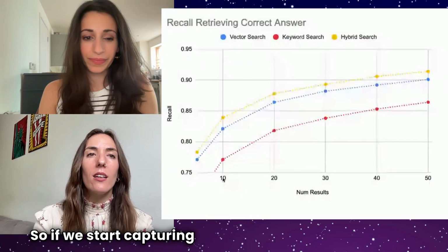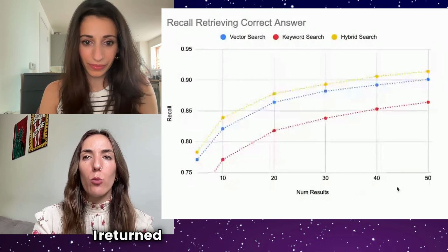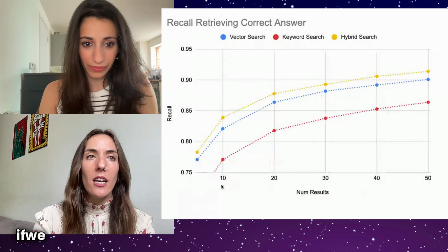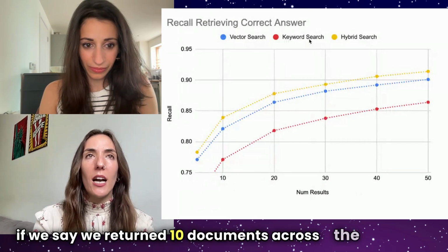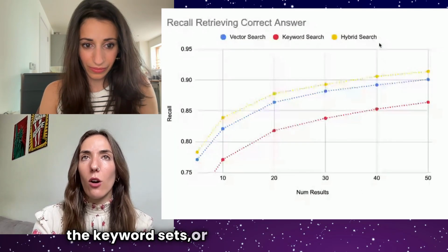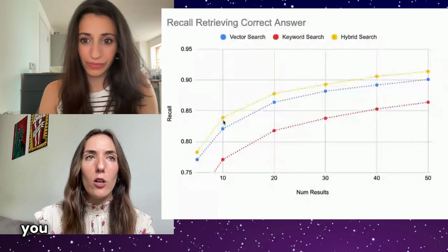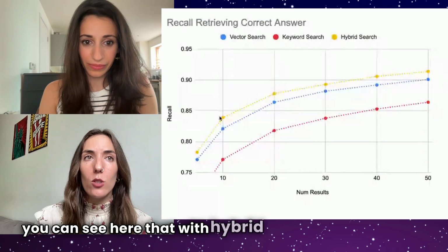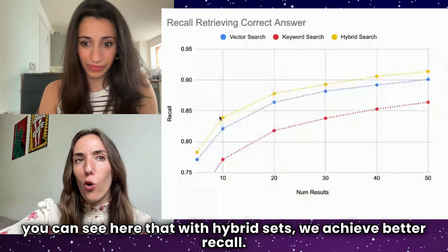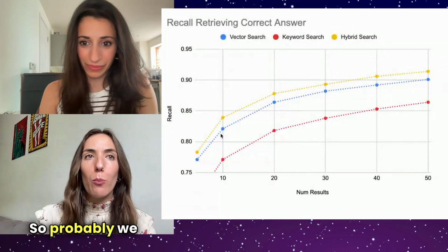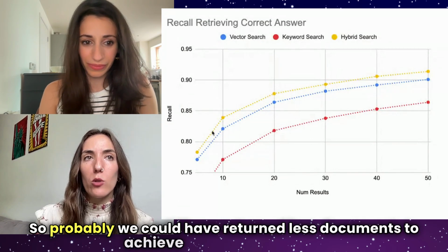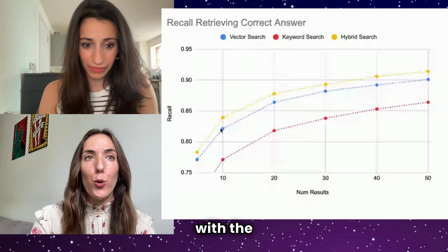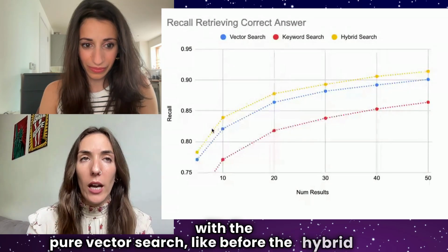So if we start capturing here the number of documents returned from the similarity search, if we say we return 10 documents across the vector search, the keyword search, or the hybrid search method, you can see that with hybrid search, we achieve better recall faster. So probably we could have returned fewer documents to achieve the same recall as with pure vector search, like before hybrid search.